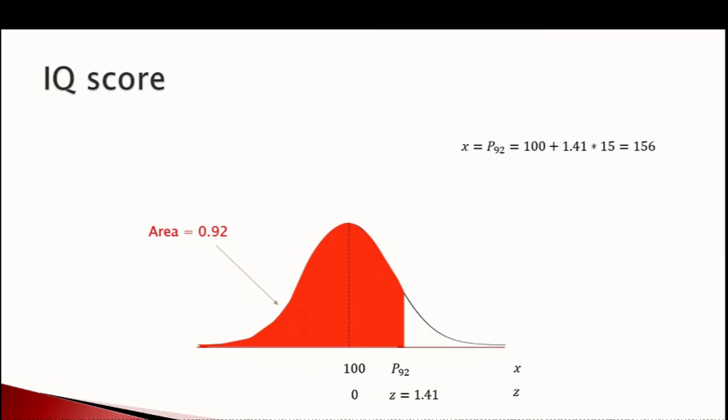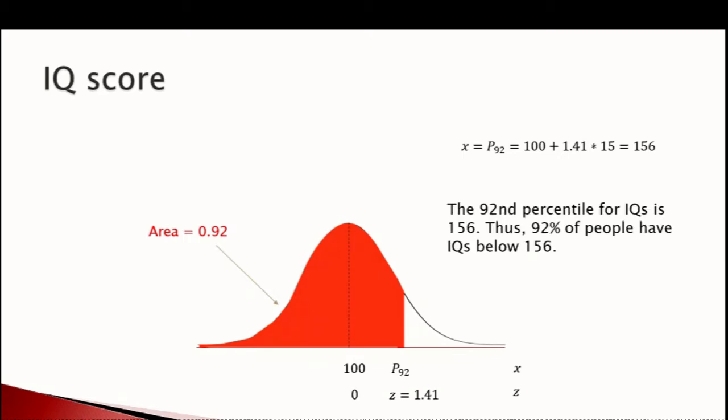And this x value is exactly P sub 92, or the 92nd percentile. So your final answer is that the 92nd percentile for IQ score is 156. In plain English, that means 92% of all people taking the IQ test will have IQs below 156, or only 8% of the people will have IQs above this level of 156.